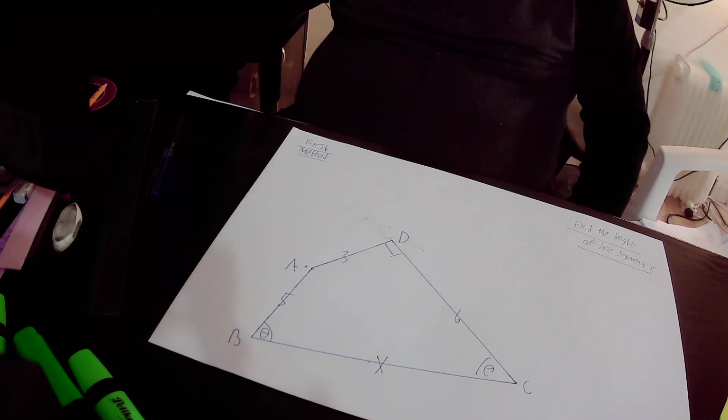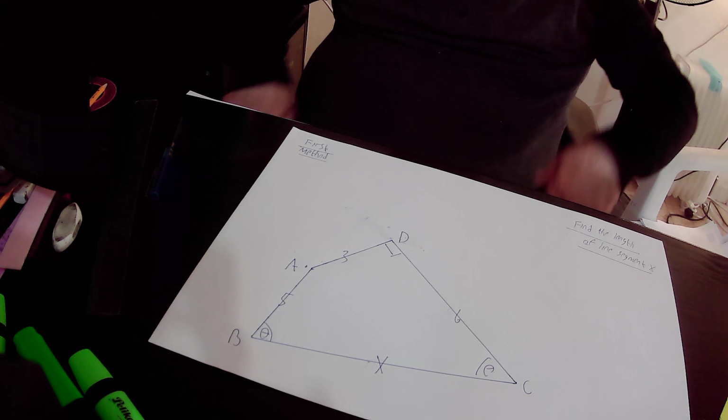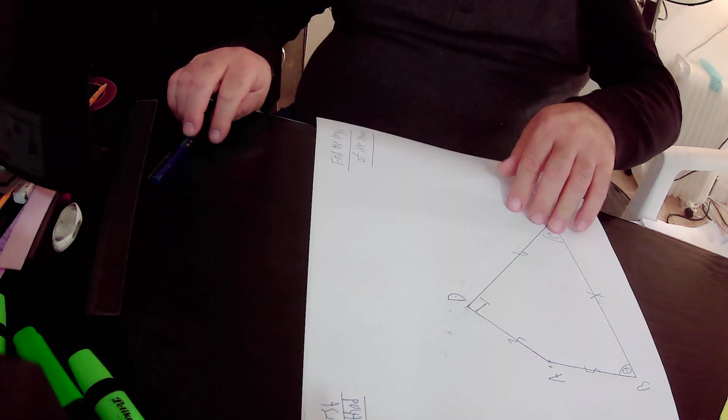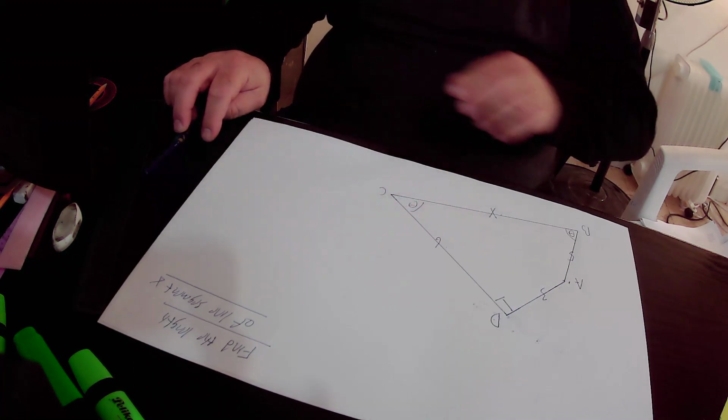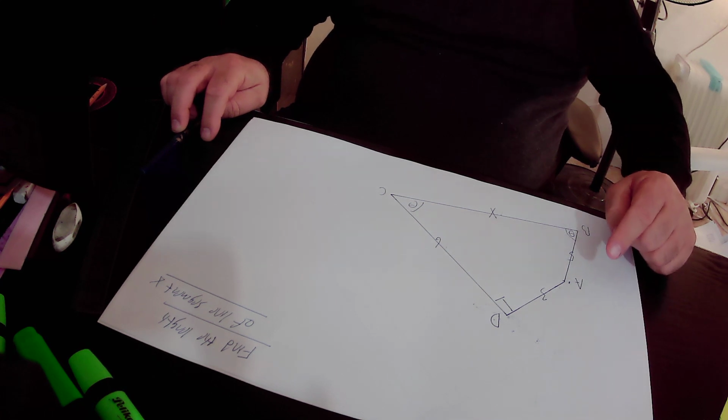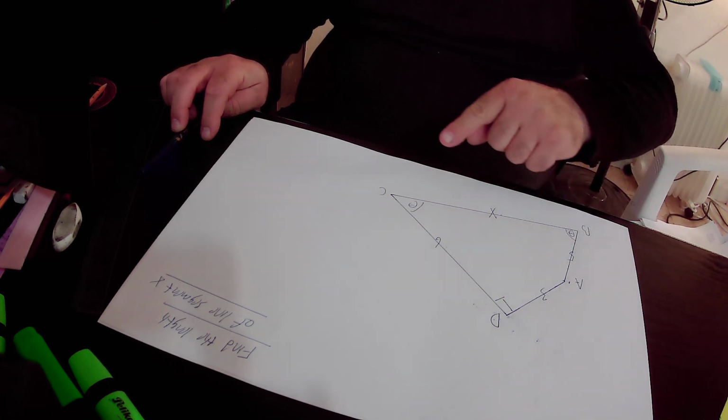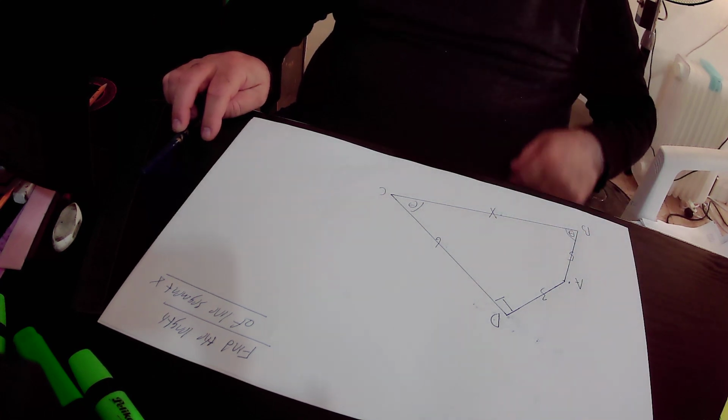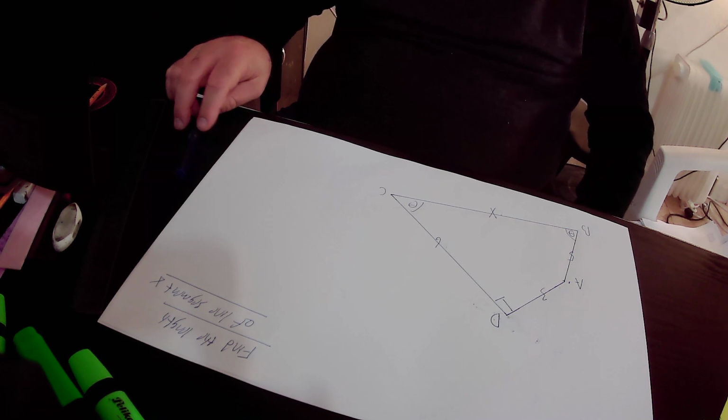So we'll start with the first method. In the first method we will do a construction. We will extend side BA and side CD by a straight line until they intersect with each other.